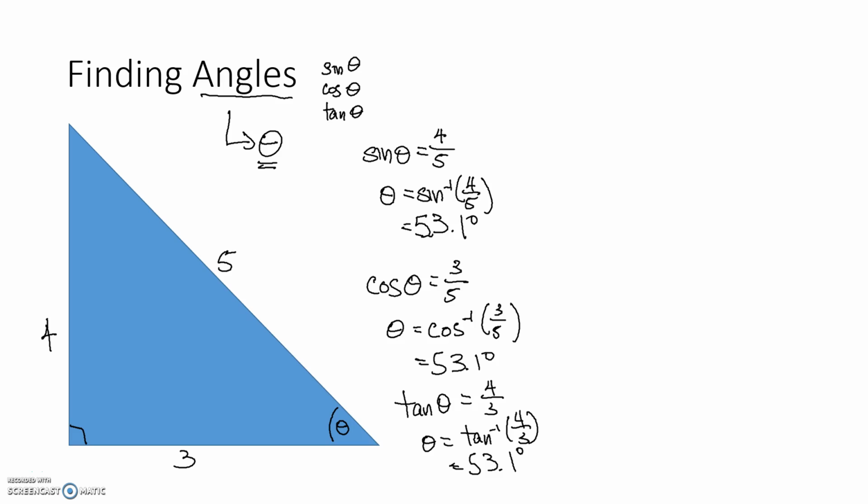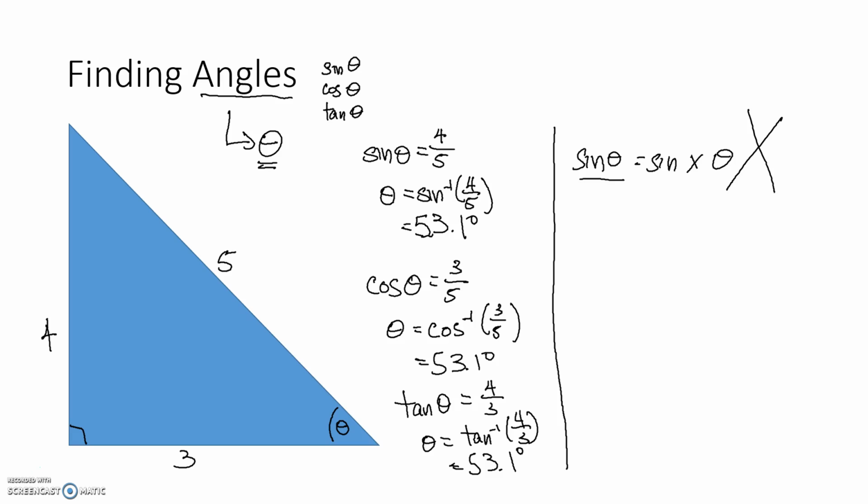Now most students think that sine theta equals sine times theta. This is wrong. Sine theta is not sine times theta. As I said before, sine theta is a notation that requires us to find the sine ratio associated with theta.